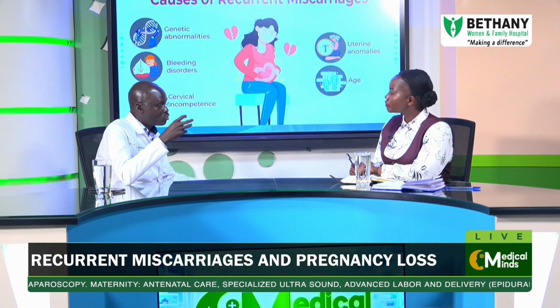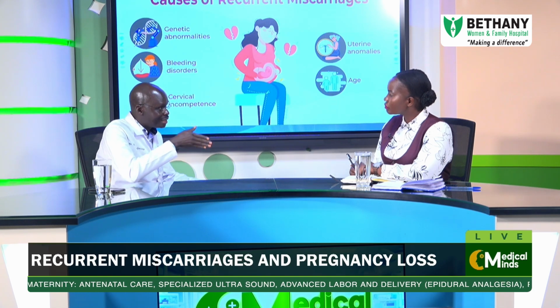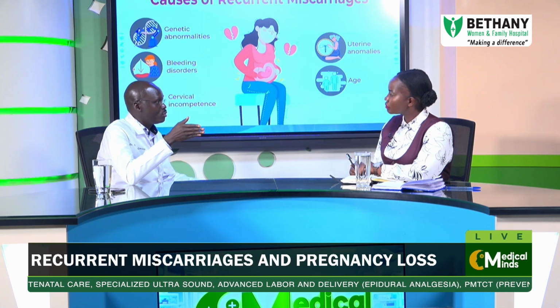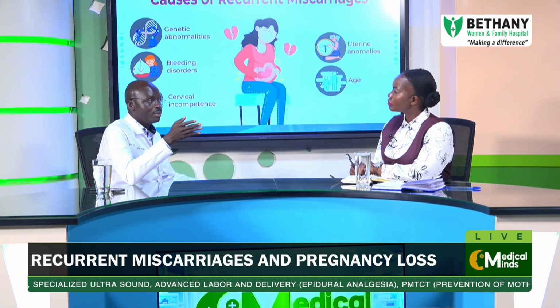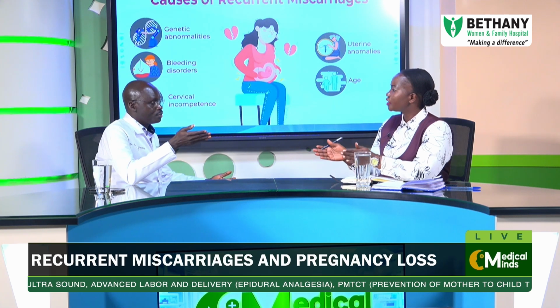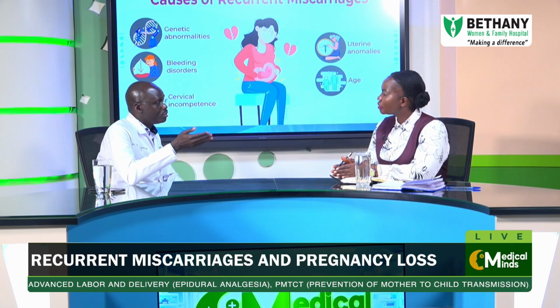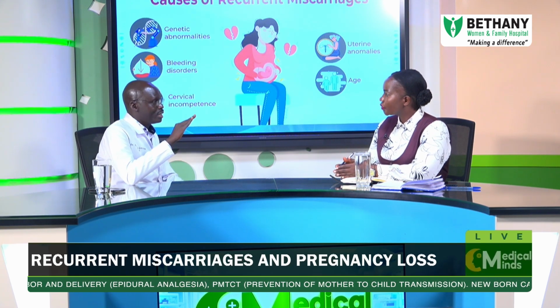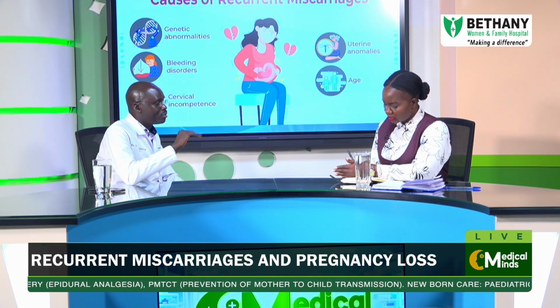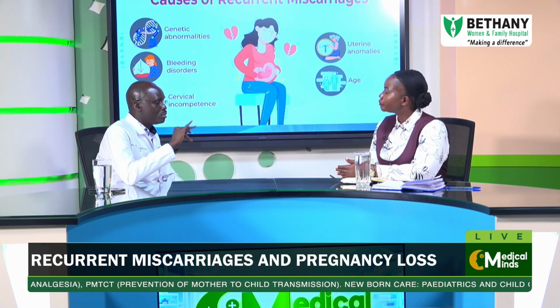If the baby is attached to that sort of septum, then the pregnancy cannot grow. It will come out early because the blood supply is not enough. Can such a mother be helped? Yes, those conditions, when they are identified, can be corrected in a very simple way.